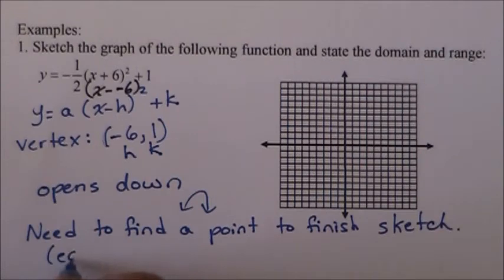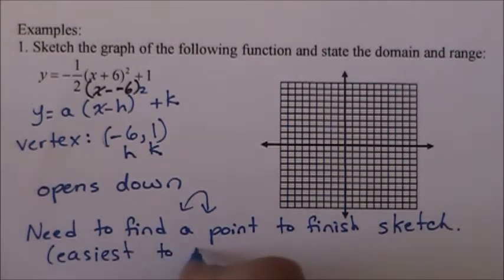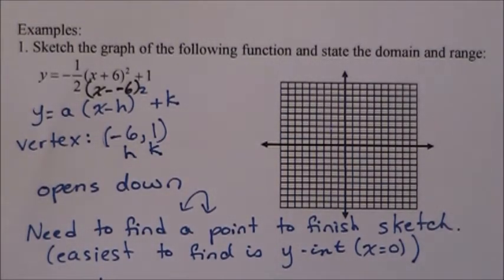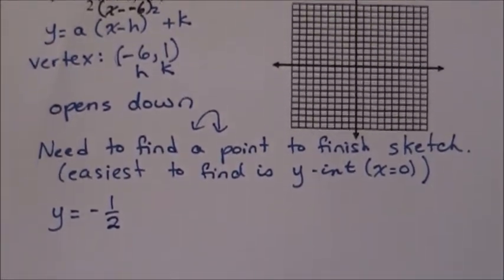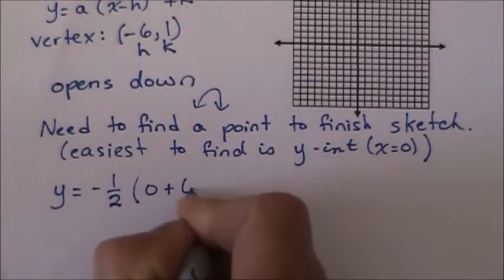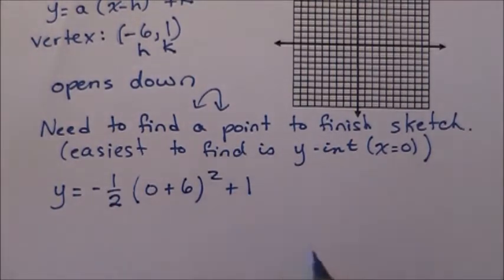And we said the easiest to find is the y-intercept, which is where x is equal to 0. So taking our equation up here, we're going to put 0 in for x. We have y is equal to negative 1/2 times (0 plus 6) squared plus 1.